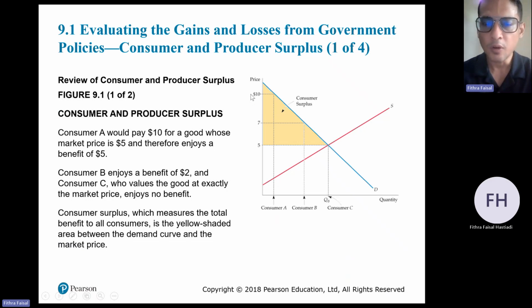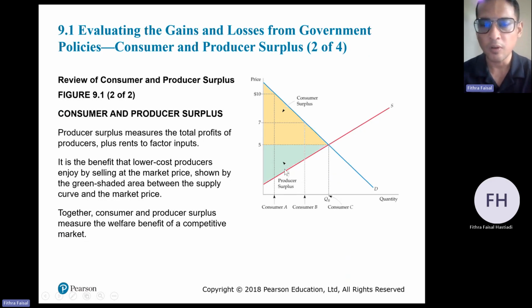So from the perspective of consumer A, this consumer has a consumer surplus of 10 minus 5, so 5, because his willingness to pay is $10 while the market price is $5. If we put all the consumers' willingness to pay together, we have the overall consumer surplus, which is the very area below the demand curve.